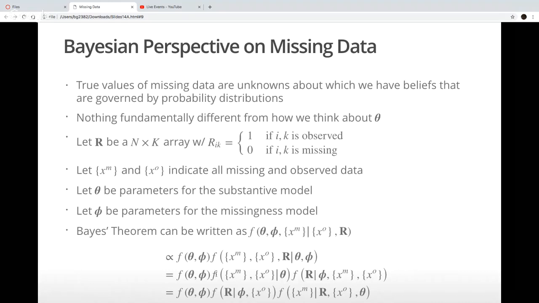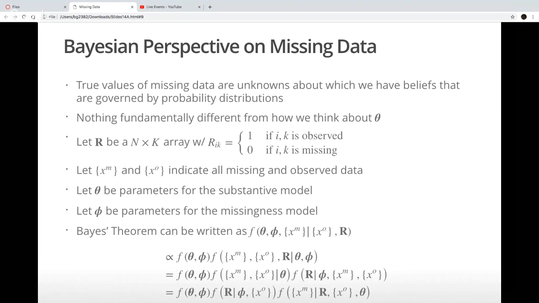This third line here is what's known as the selection factorization. The second line here you don't see used as much. It's known as the pattern mixture factorization of the numerator of Bayes' rule. But what we're going to be talking about today is utilizing this third factorization of Bayes' rule. And so we have three contributions to it.